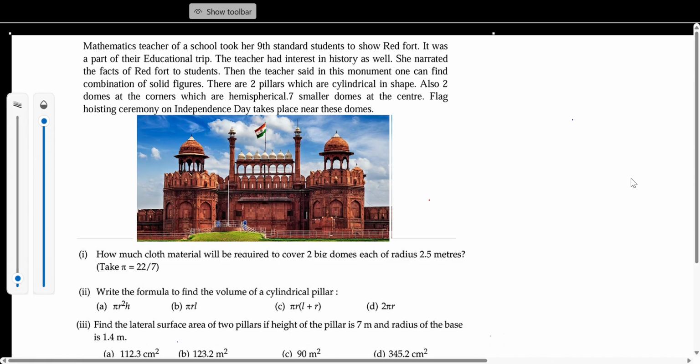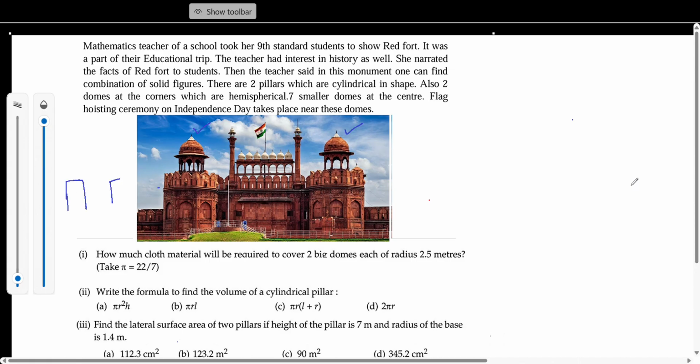So this is one such example. Let us see how to do it. It talks about a grade 9 trip to Red Fort, and the picture is shown so that you could relate to the figures here. So they're saying this is the Red Fort, which has two cylindrical shaped pillars, and on top of it each has a hemispherical dome.